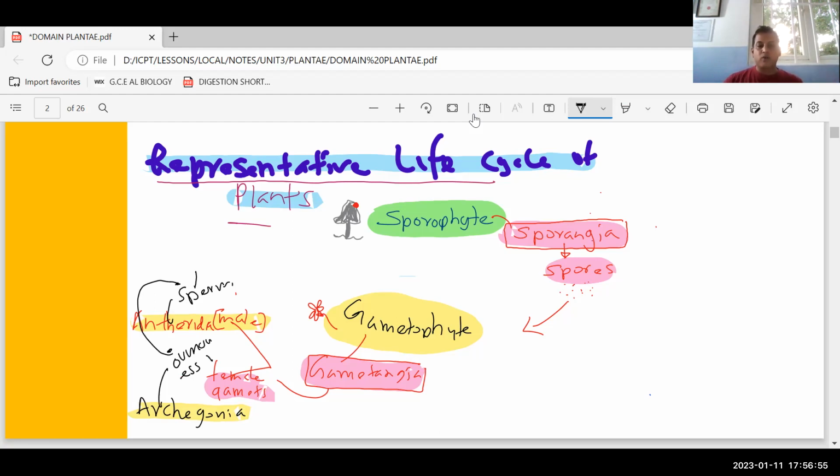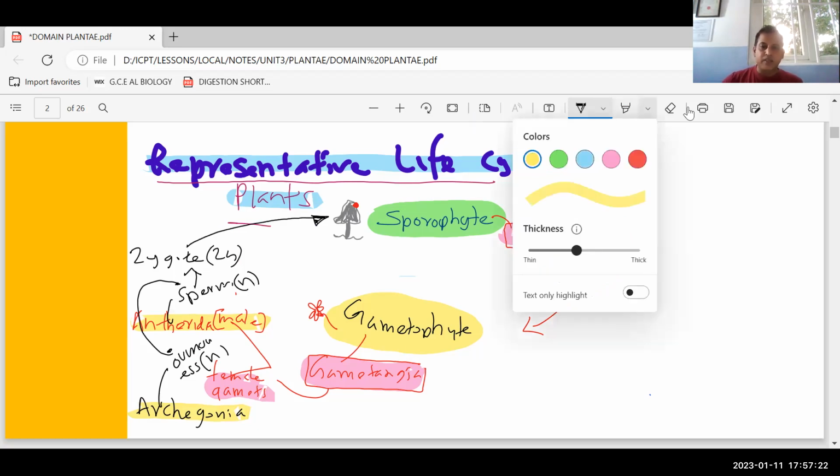They have half a chromosome set and they also have half a chromosome set. So if they fuse, they make a full structure called the zygote with 2N. Now the zygote can develop again into the sporophyte stage.